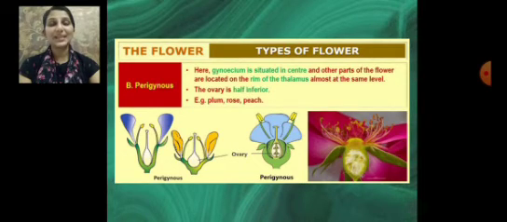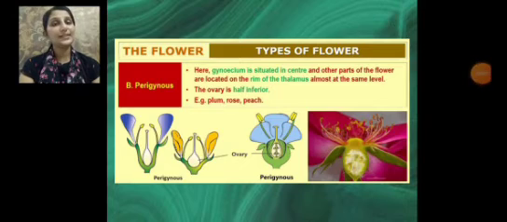And in this case, the ovary is said to be half inferior, because the ovary as well as the other floral parts are arising at the same level. But the ovary occupies the central position. And this type of ovary is said to be half inferior, and the flower is said to be perigynous. And a perigynous flower is seen in plums, rose, and peach.